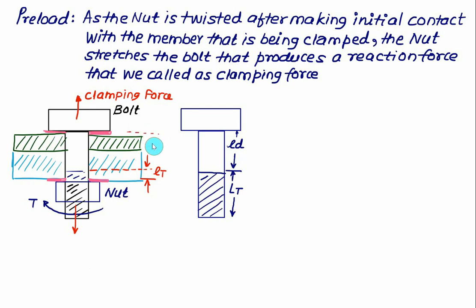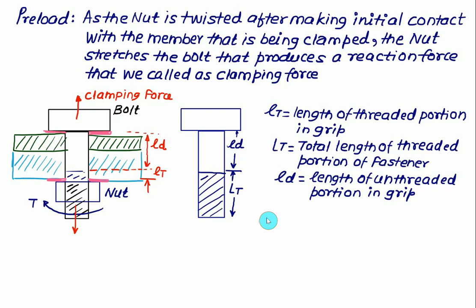So there is no change in the length of the unthreaded portion, but effectively we have to consider the threaded portion only in the grip, not the total length. Make certain terms very clear here. When we are considering the fastener, this total length available for fastening is called LT. LT is called the total length of the threaded portion of a fastener. LD is the length of the shank, that is the unthreaded portion.